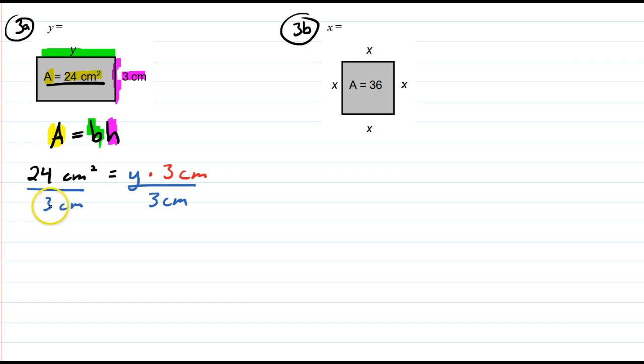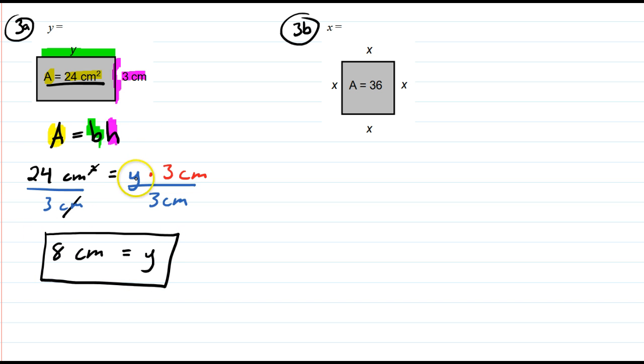And so what happens here is 24 divided by 3 gives us 8. And then here we have centimeter, and we have centimeters squared up here. And so what happens is this centimeter cancels out one of these and just makes centimeter. And so now we have y equals 8 centimeters.